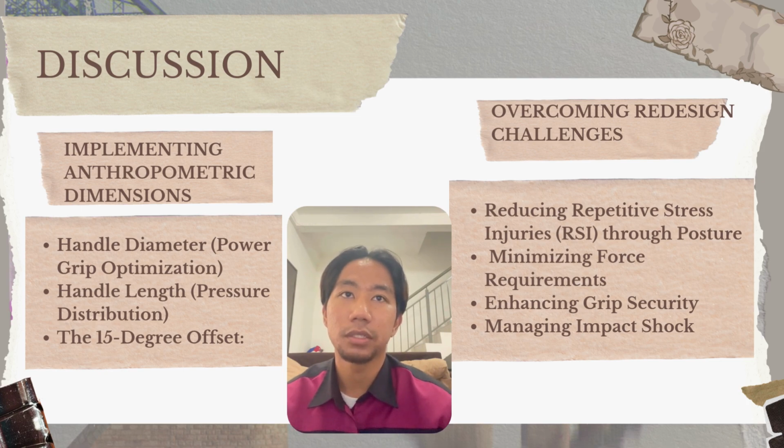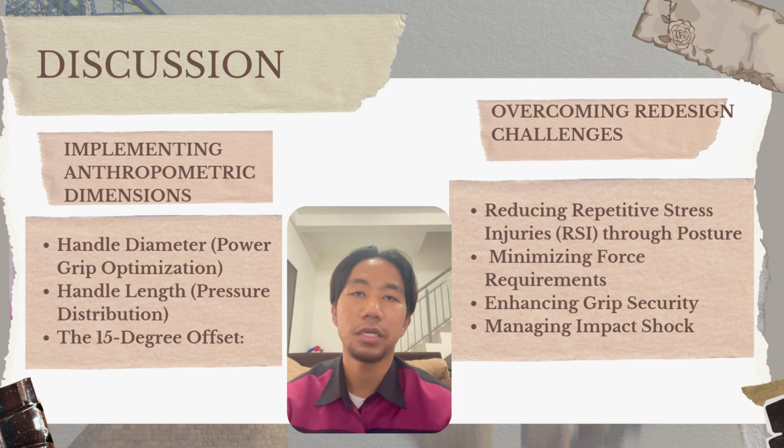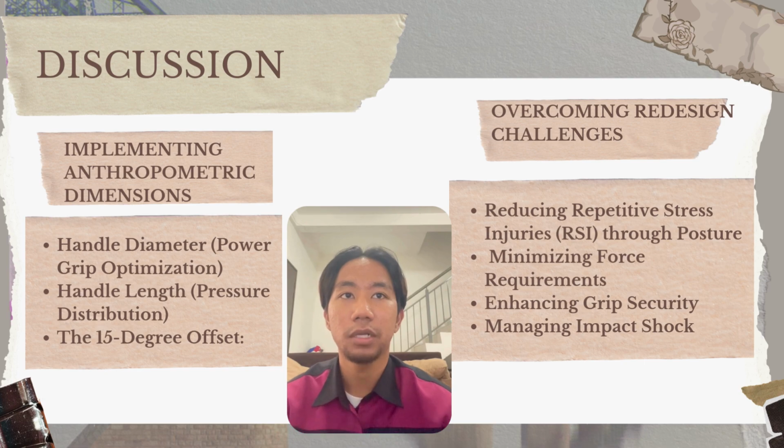Then the second one is handle length, pressure distribution. We extended the handle to 110 mm to ensure it clears the palm breadth of the 95th percentile. This avoids contact stress on the ulnar nerve, a common failure in the shorter Tajima model that causes hand numbness.